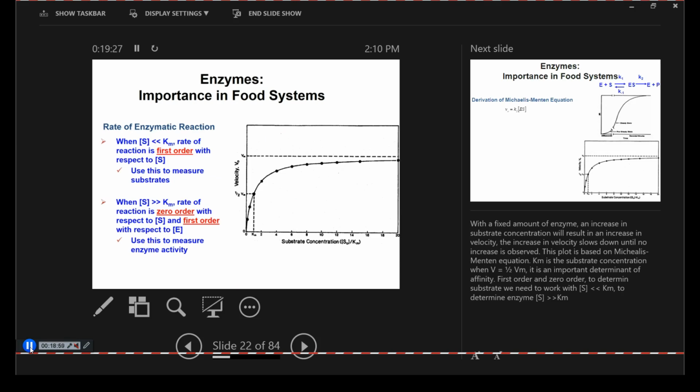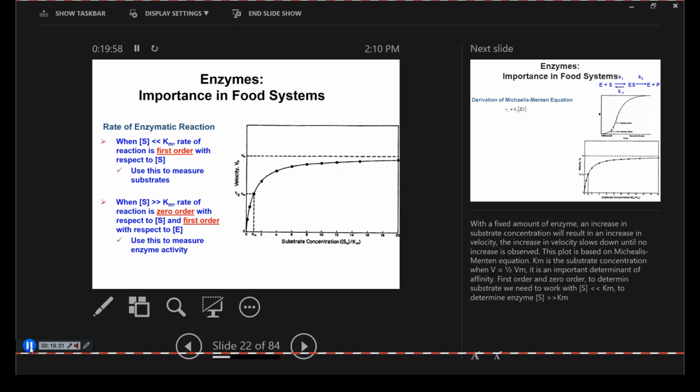Okay, so let's dive a little bit into first order and zero order from looking at this curve. If I look at the substrate concentration, and I'm at a really high level of substrate, the enzyme is saturated. So you can see this plateauing effect. Between this point, this point, and maybe another point over there, do I see an impact of substrate concentration on the rate of the reaction?